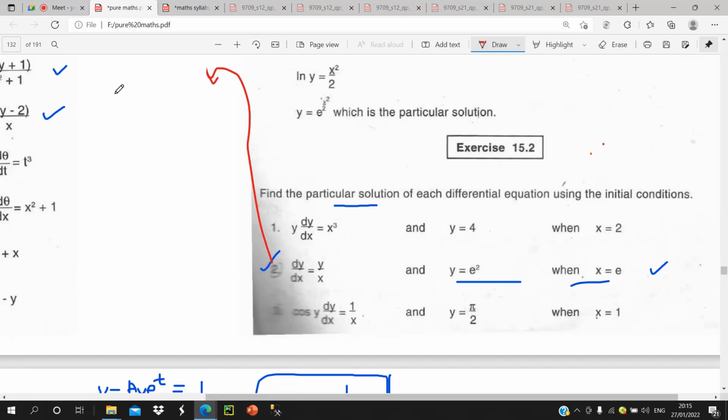Okay, let's cross multiply. What do we have? We have x dy, right? Yes, cos y dx. Are we together?